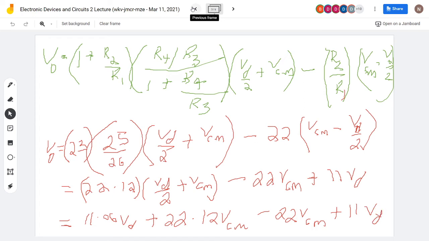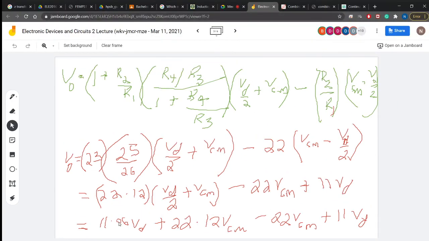So based on that, next page, tell me what your values are going to be. This is going to be 11.06 VD plus 11 VD. That's 22.06 VD. Am I correct? Yes, sir. And then 22.12 from 22, you're going to be left with plus 0.12.